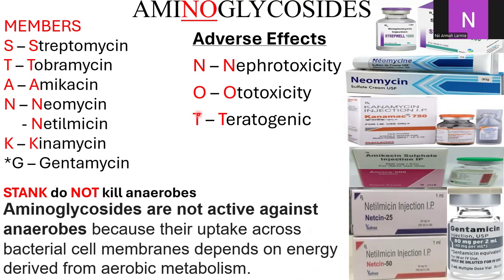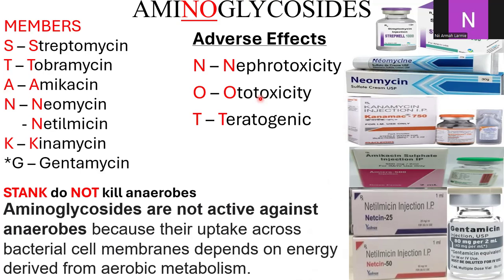And there are basically two main effects that it causes in the ear. The first is the fact that it causes balance problems, so vestibular damage leading to balance problems. It also causes ototoxicity, as we're seeing here. It causes hearing problems, auditory damage.